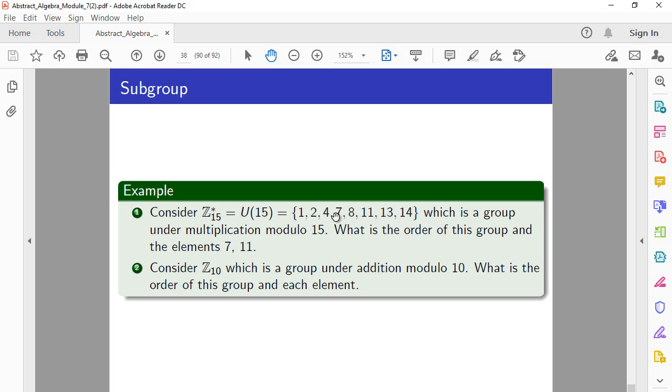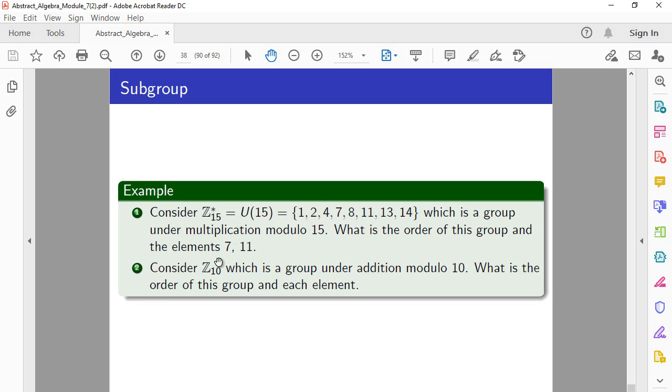And this is a group under multiplication mod 15. What's the order of this group? Well, the order of this group is how many elements we have in this group. So 1, 2, 3, 4, 5, 6, 7, 8. So the order of this group is 8.